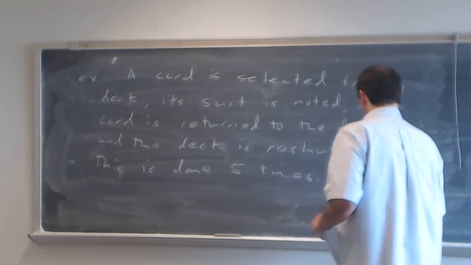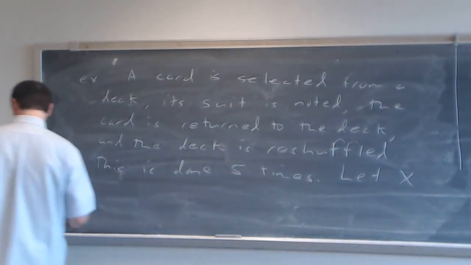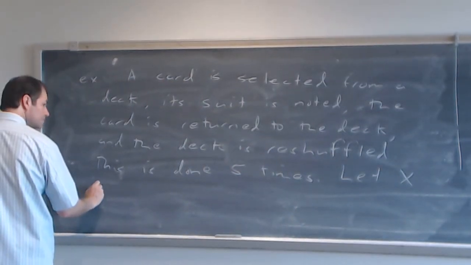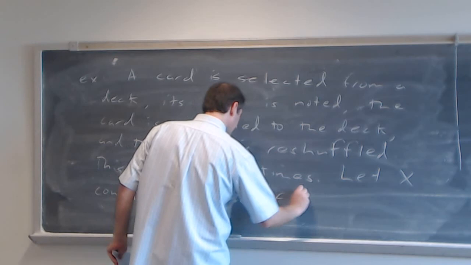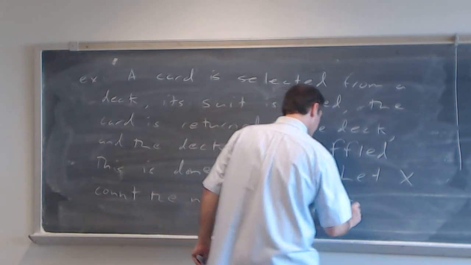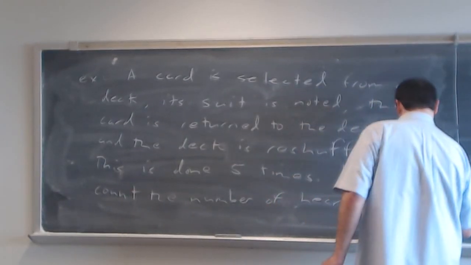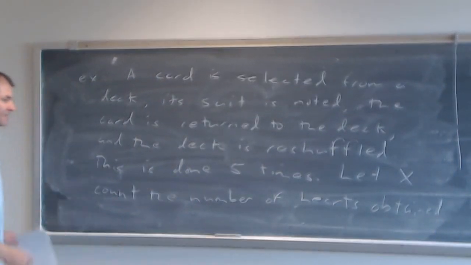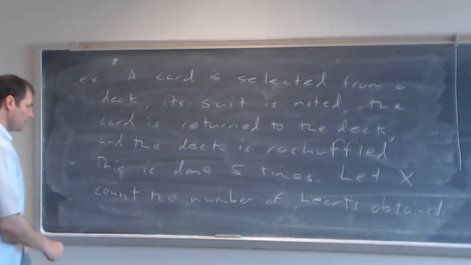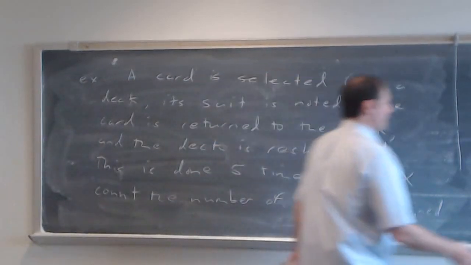Let X count the number of hearts obtained in the 5 trials. So we do this thing 5 times. How many hearts did we get? All right, that's an example.